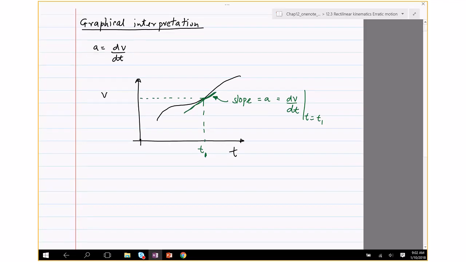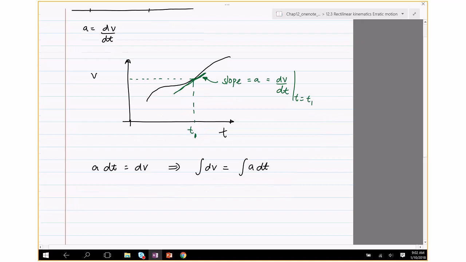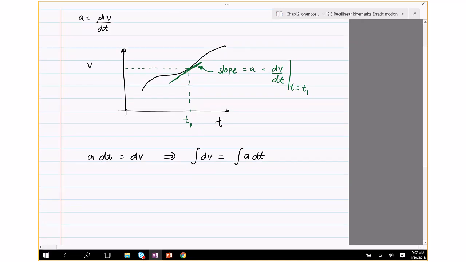Let's look at this formula in a different way. I'll multiply both sides by dt and then take the integral. So a dt is dv, so I can write integral dv is integral a dt. I'm going to put some limits of integration, v1, v2, t1, t2.